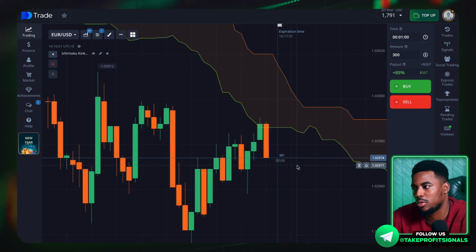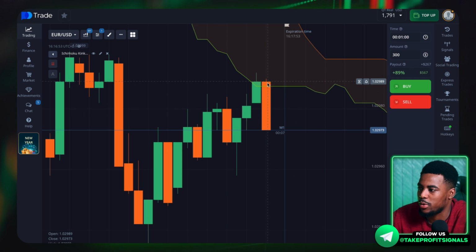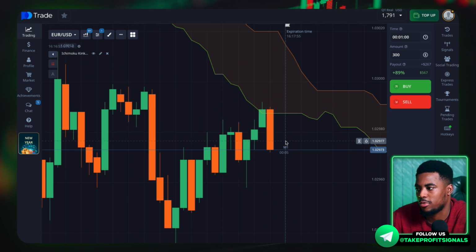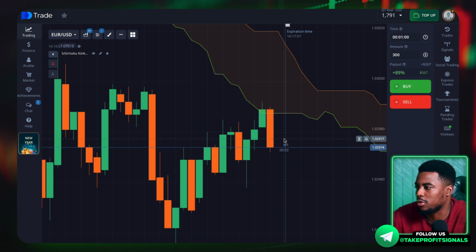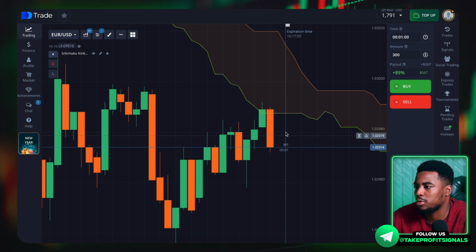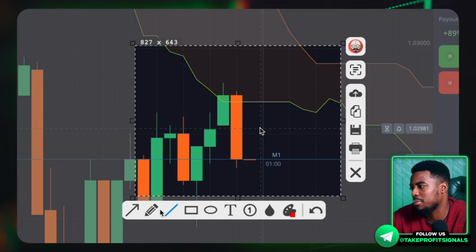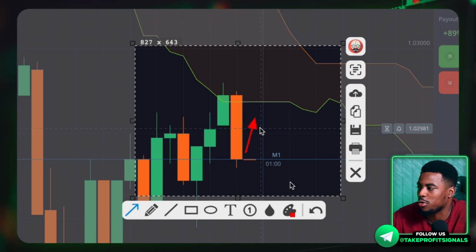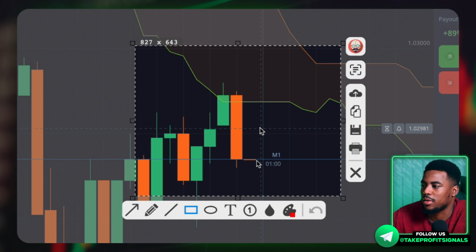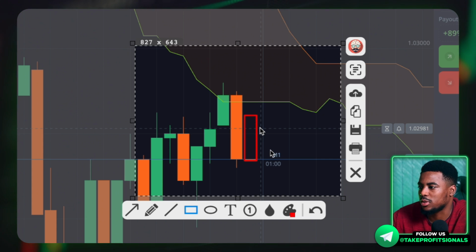Now I am carefully watching the formation of this red Japanese candlestick. Of course, it is already very large. So if any return to this border happens, with at least a small green candle drawn, I will then enter the trade to the downside.